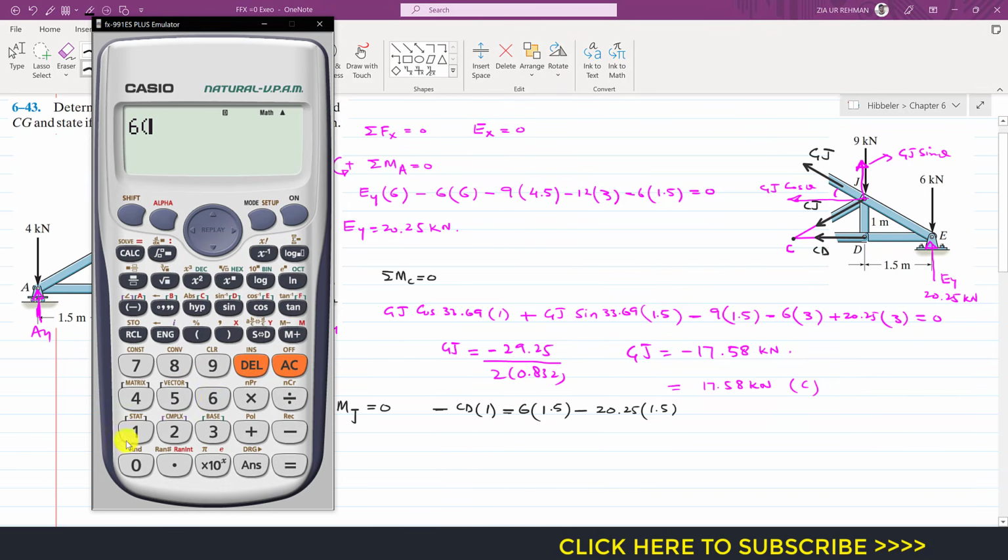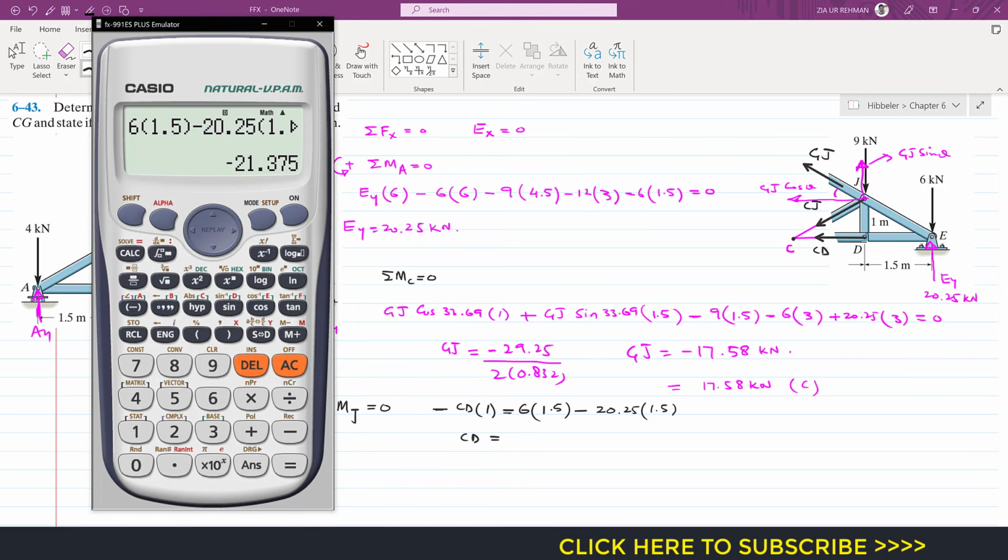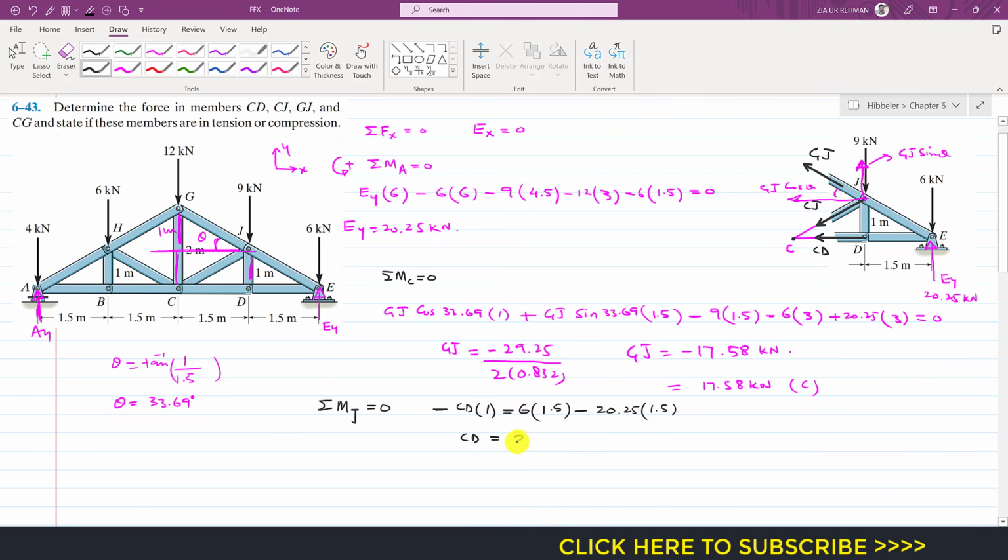So this is 6 into 1.5 minus 20.25 into 1.5, and if we divide it by minus 1, CD comes out to be 21.38 kilonewton, and the sign is positive, so this means that the assumed direction of CD was accurate. So this means that the CD member is in tension.